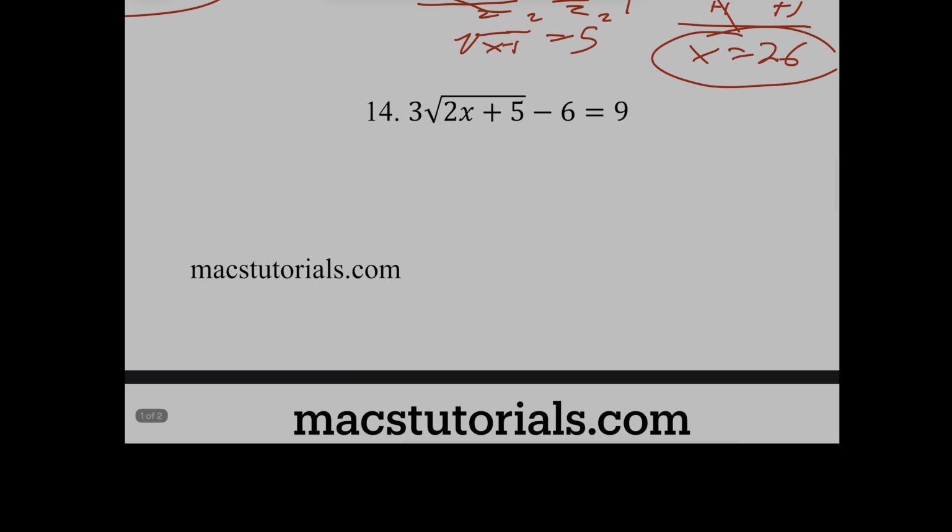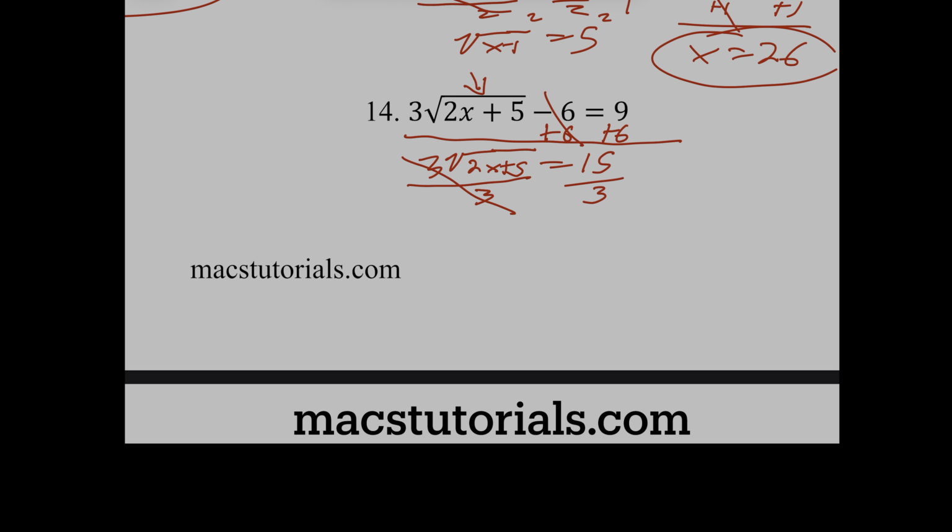And last one. Okay, I want to get, again, the square root by itself. So my first step is going to be to add the 6, and that'll get rid of my 6. And I'm going to have 3 root 2x plus 5 equals 15. Now I want to get rid of that 3, and I'm going to do that by division. And I'm going to get root 2x plus 5 equals 5.